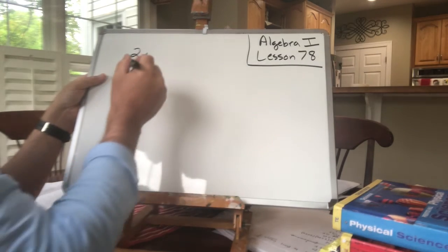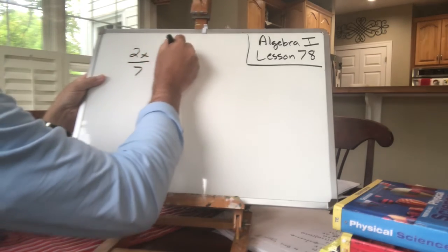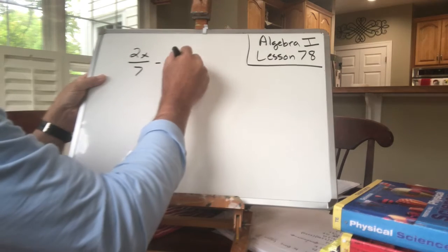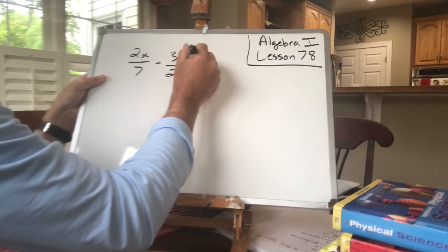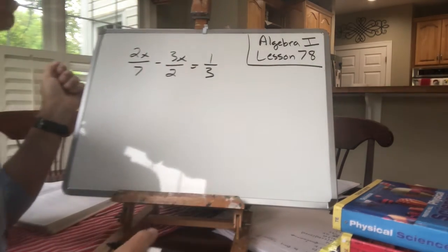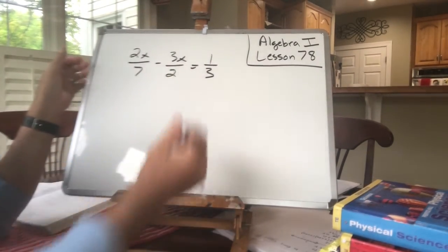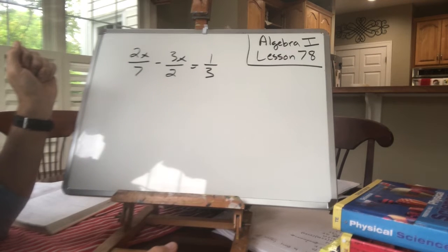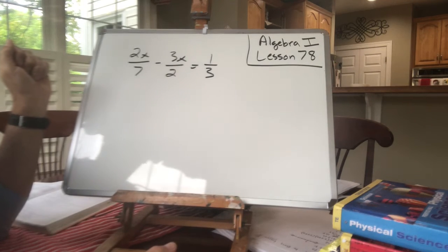2x over 7 minus 3x over 2 equals 1/3. Okay? Least common multiple of 7, 2, and 3. Believe it or not, it's 42.